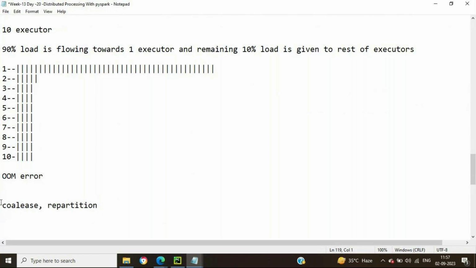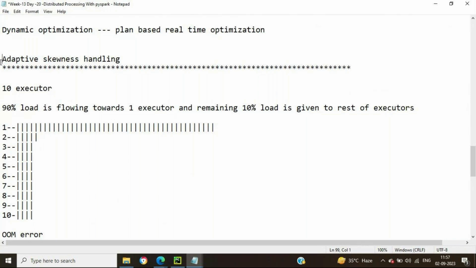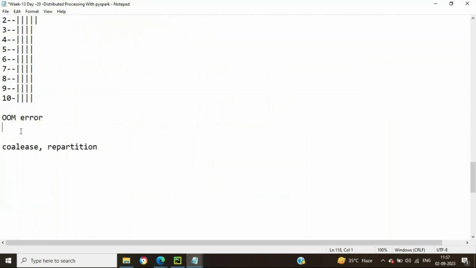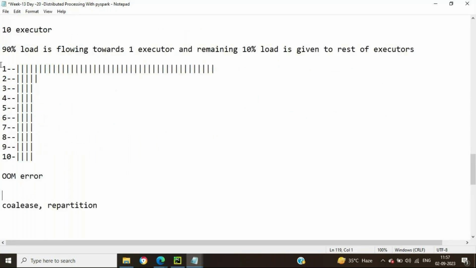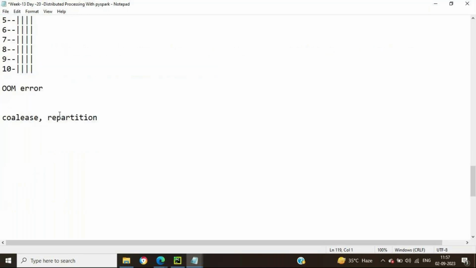So this works dynamically inside AQE. If you enable this property, AQE, then coalesce and repartition work dynamically based upon the data size, and we will be able to tackle this situation.